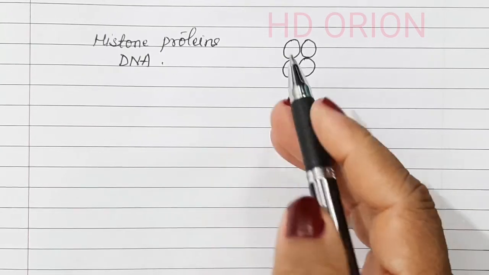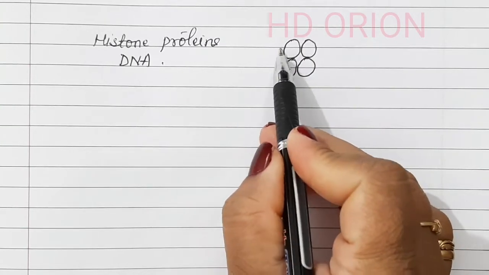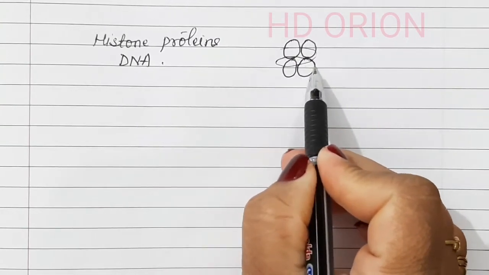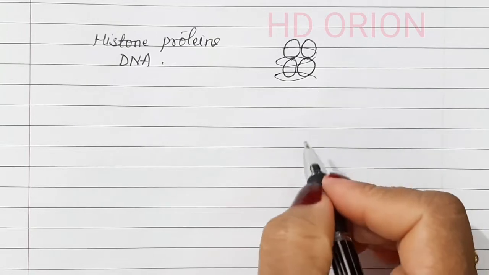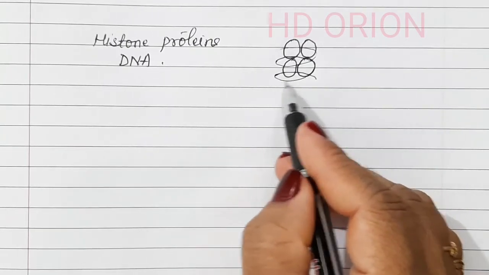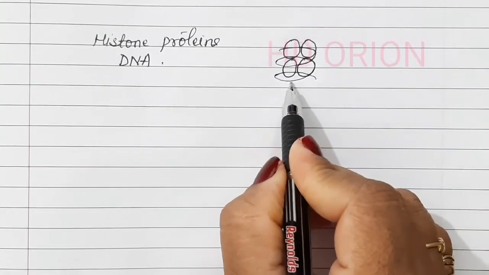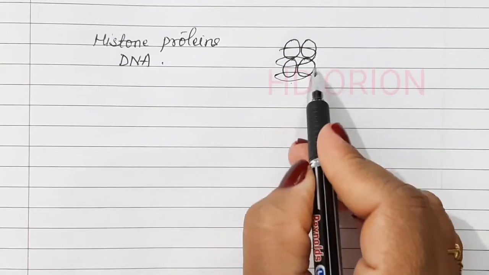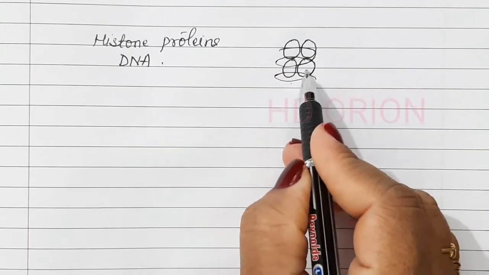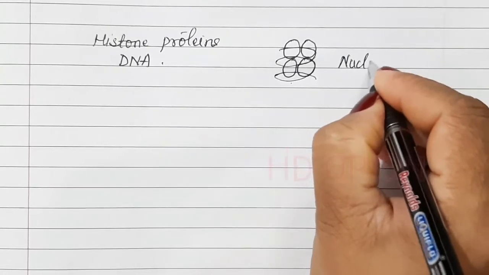This is 4 and just behind is another 4, and in a group of 8 the DNA winds around like this. The DNA's length is so much that we cannot keep it inside the nucleus if it is not wound up. So if it is winding like this, it can be contained inside the nucleus. This structure, the 8 histone proteins and the DNA winding together, is called a nucleosome.